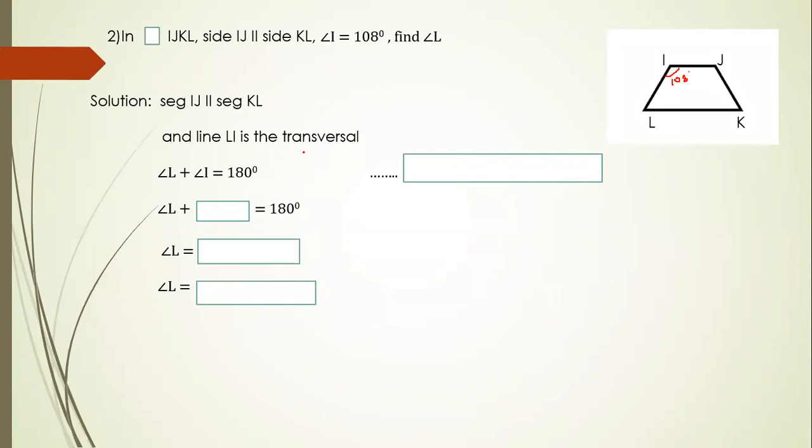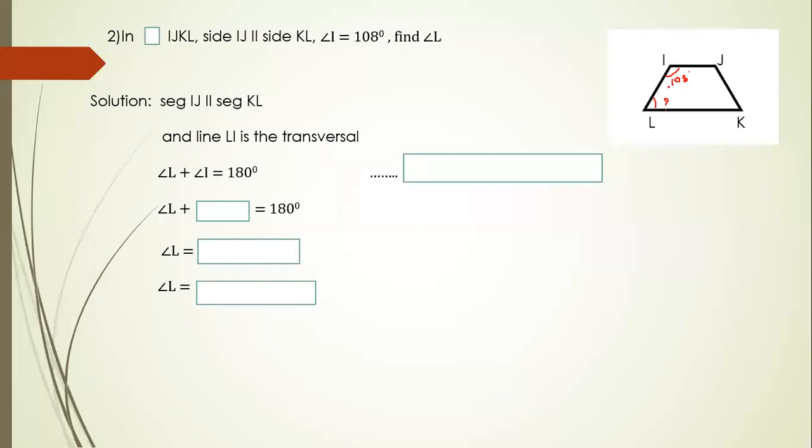Corresponding angles, interior angles, alternate angles, right? Here they have given us angle L plus angle I equal to 180 degree. Reason we need to write. Now see in the figure, angle I and angle L are which type of angles?